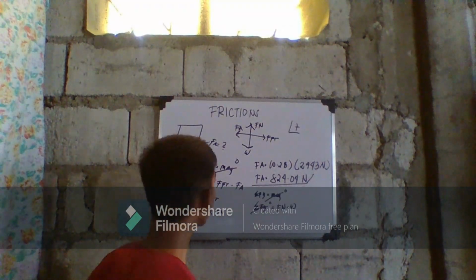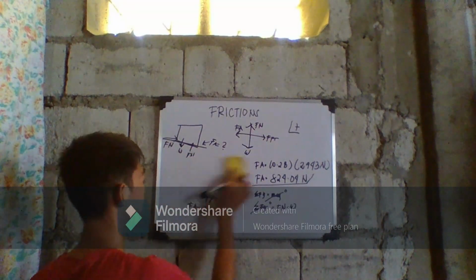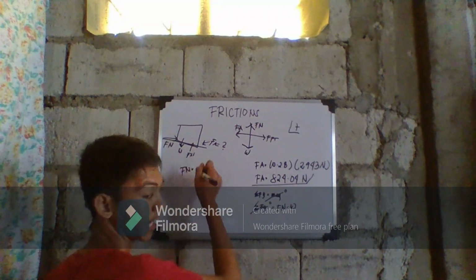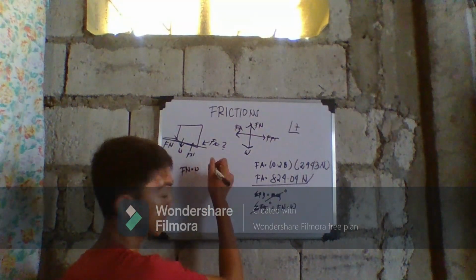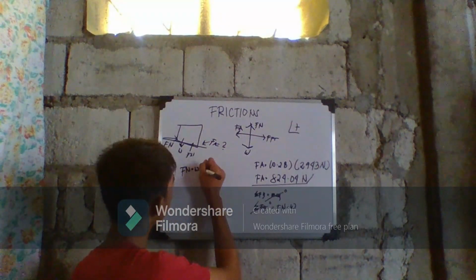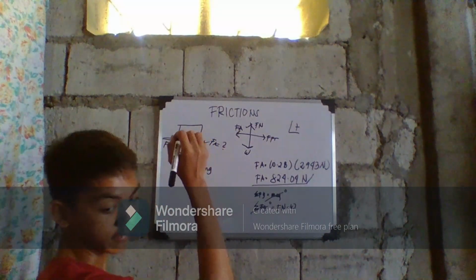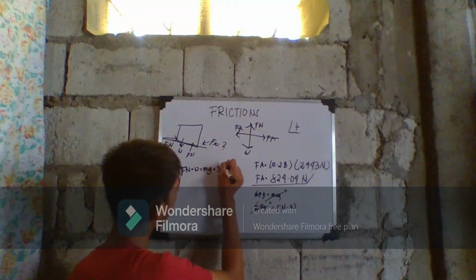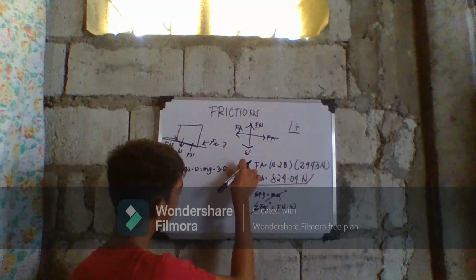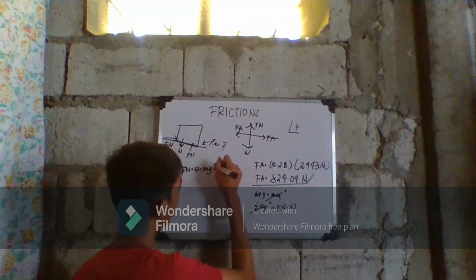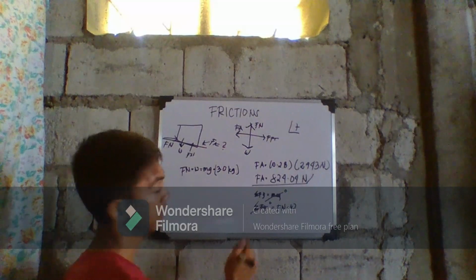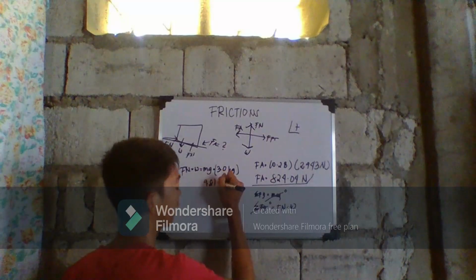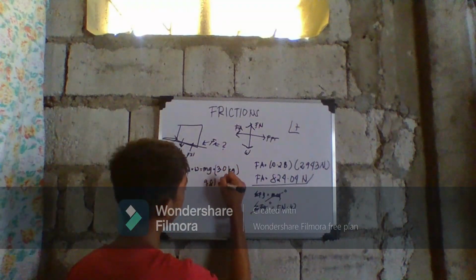So, F_N equals sa weight equals sa mass times gravity equals sa 300 kilogram times 9.81 meter per second squared.